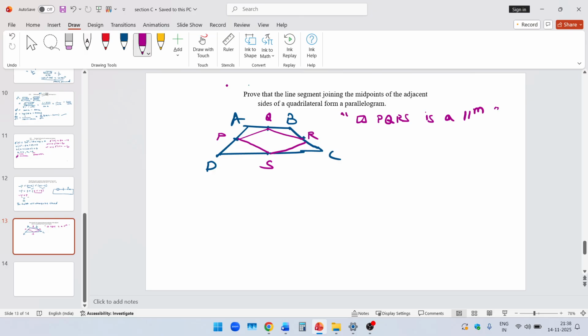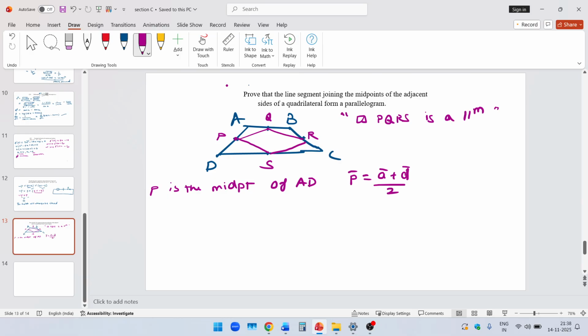So let's start with whatever data we have. P is the midpoint of AD. If P is the midpoint of AD, P bar will be equal to A bar plus D bar divided by 2.